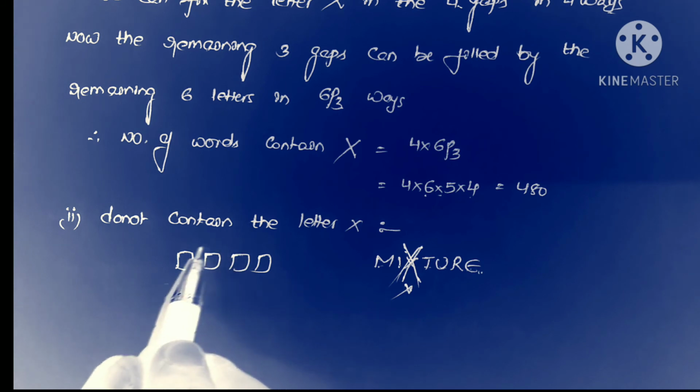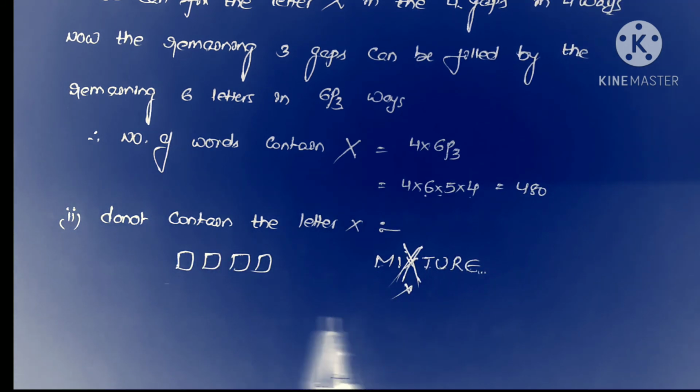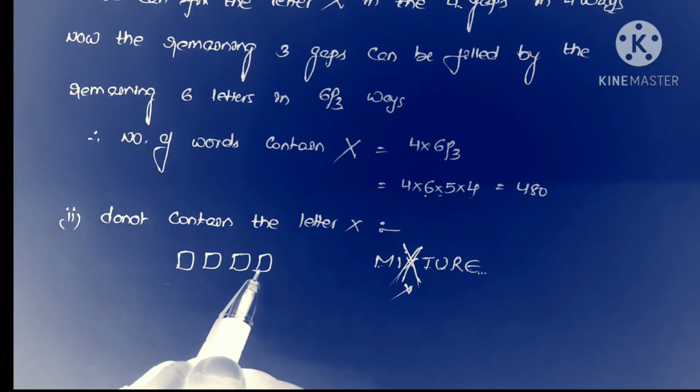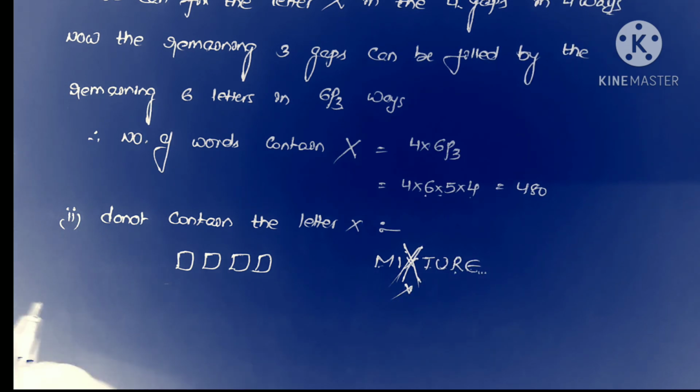Now we can fill these 4 gaps by the remaining 6 letters. So that can be done in 6P4 ways. Gaps is equal to 4, letters is equal to 6. So the number of ways is equal to 6P4.